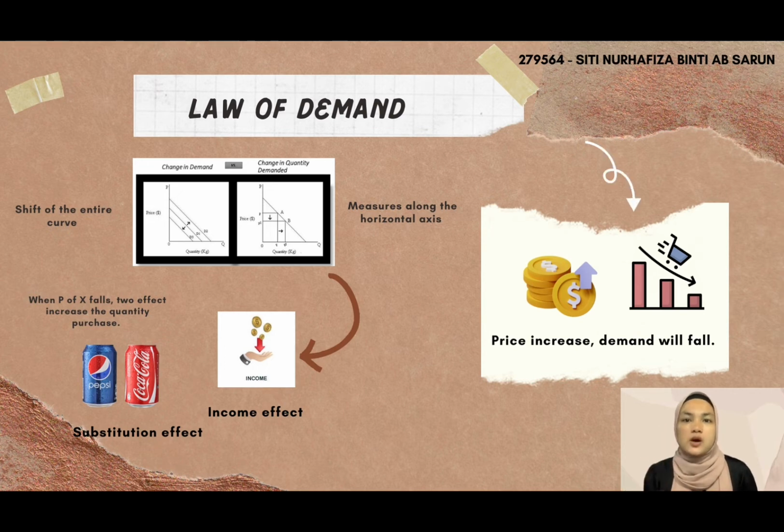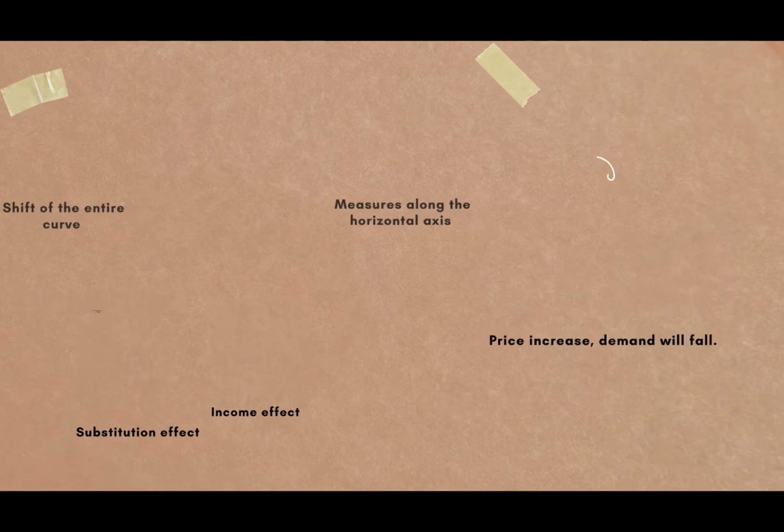Marshall focused on the substitution effect, or the relative price effect. But when the price of X falls, an income effect also occurs. That is, the consumer experiences a gain in purchasing power. Besides that, the law of demand is when the price goes up, the quantity demanded will go down.